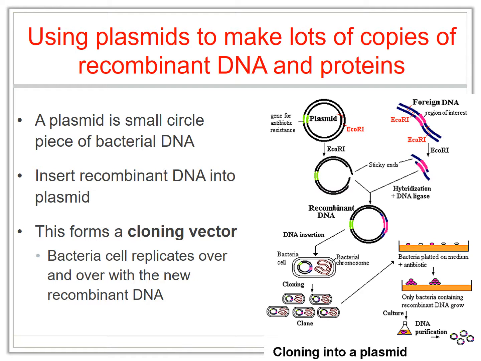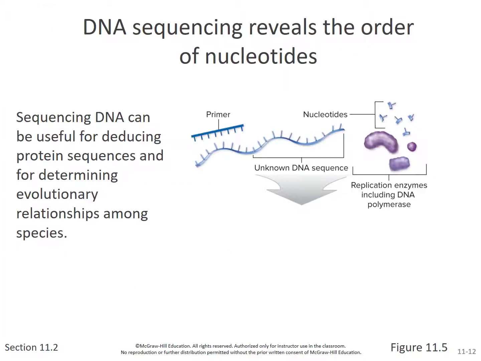If you're just putting recombinant DNA into the plasmid, you're able to not mess with the normal genome of the cell. You're just dealing with this extra DNA piece that can also be transcribed and translated into proteins.